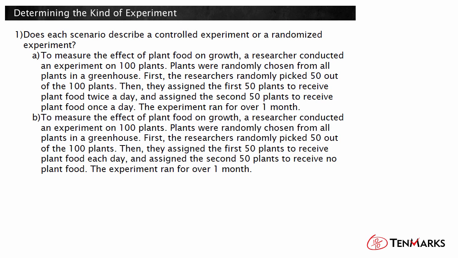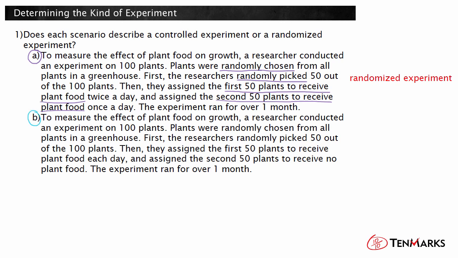The main difference is that in a controlled experiment, some subjects receive treatment while other subjects do not. In this first scenario, the plants, or subjects, are randomly assigned to one group or the other. All subjects receive some form of treatment, even though the treatment for each group is different. Therefore, this scenario describes a randomized experiment.